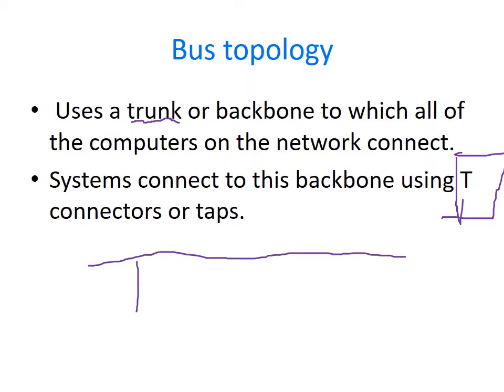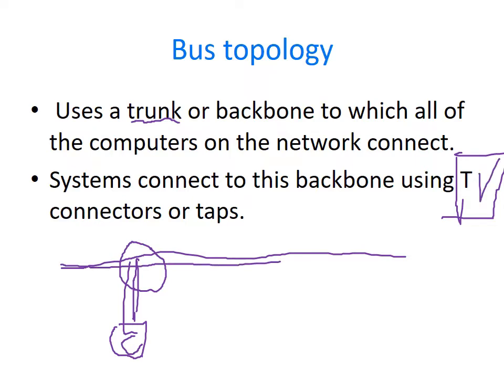The main line is called the backbone, and the nodes are our computers. This is the node, this is our computer. So the way it's connected to the backbone, because this is the node 1 PC and this is the main backbone, at this point it's connected with T connectors or taps. It's connected in a T setup.